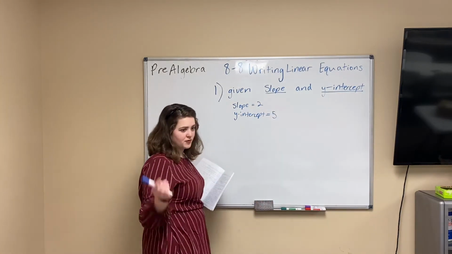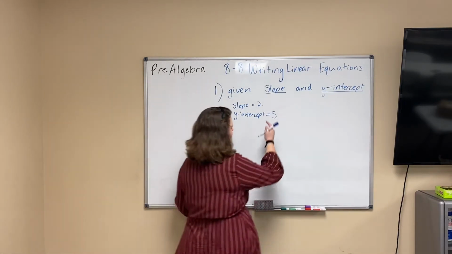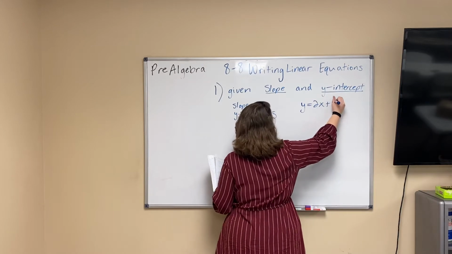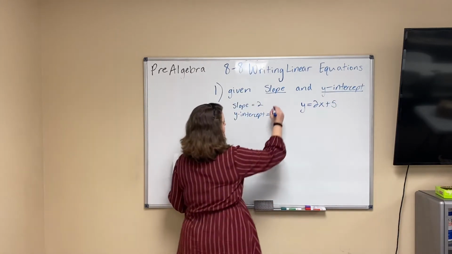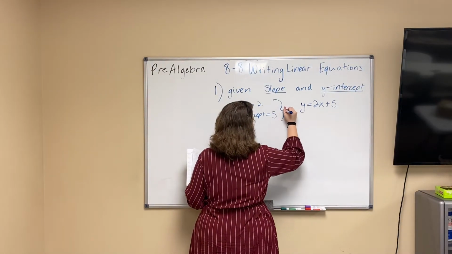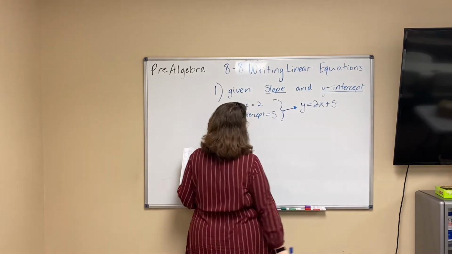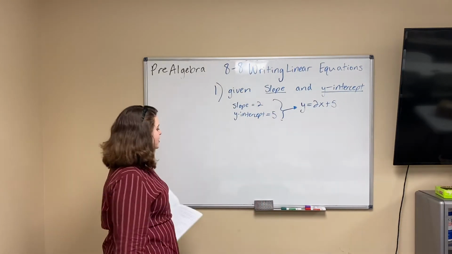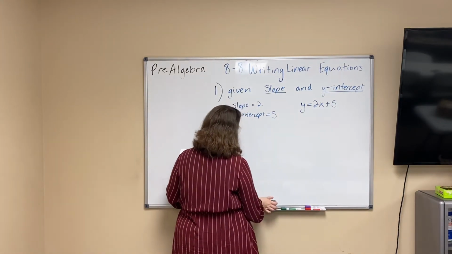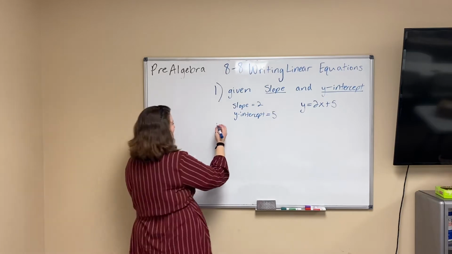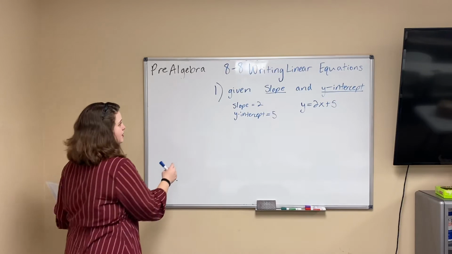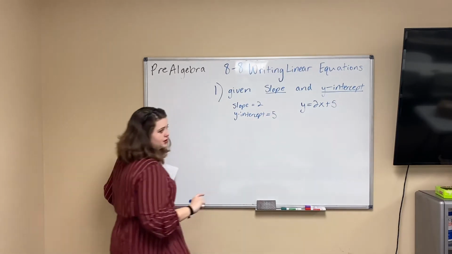You're going to use slope-intercept form, just like we learned yesterday. You're going to put your slope in, y equals 2x plus 5. Put both of those into our equation. So hopefully you guys are pretty good at that because we practiced that a lot yesterday. Plugging in when we have a slope and a y-intercept.